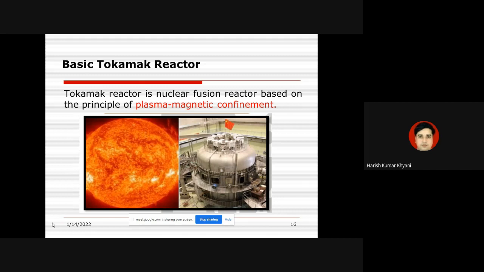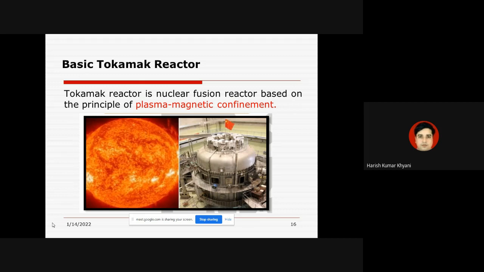And at this stage the particles move randomly, right? If we do not confine this ionized gas, then particles randomly move here and there, and they will strike the walls of the container and lose their energy, right? So sustainability of the fusion reaction is a big issue, right?